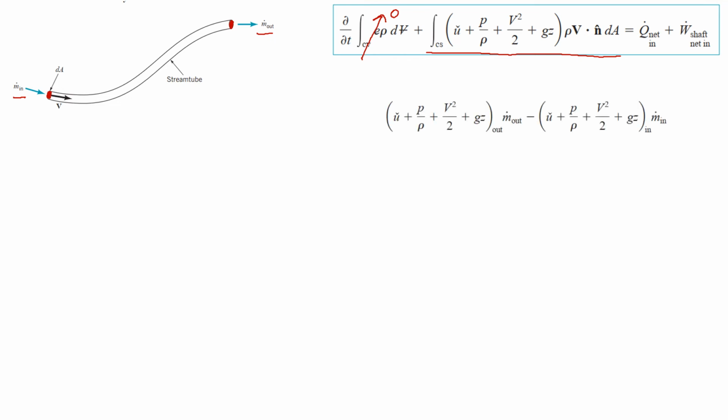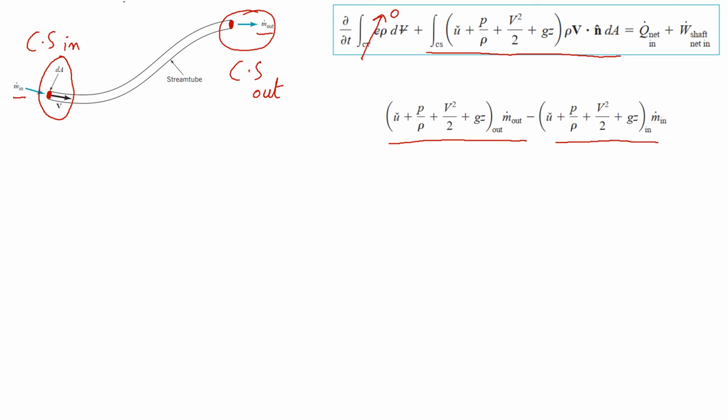So this is what we are going to get if we apply this control surface integral on these two control surfaces, that is the control surface for inflow and the control surface for outflow. So we will get these two terms and also multiply by the mass flow rate, and this is what this term is equal to. rho VA, that is equal to m dot.